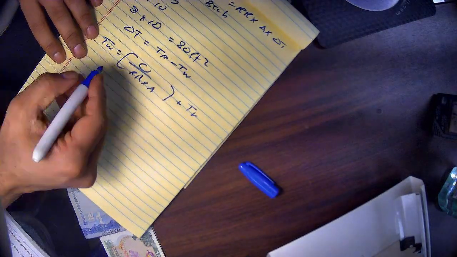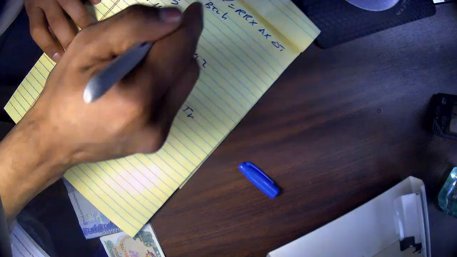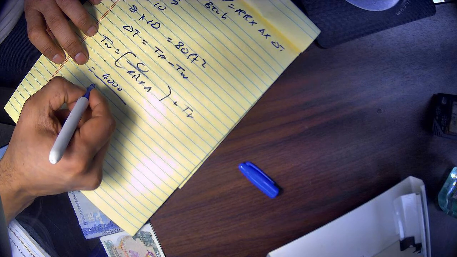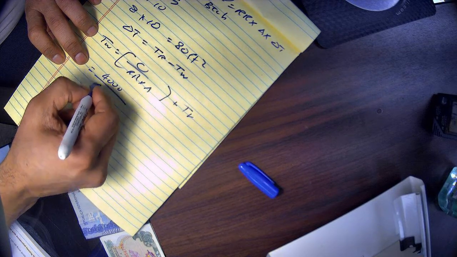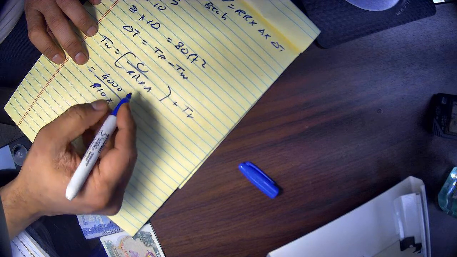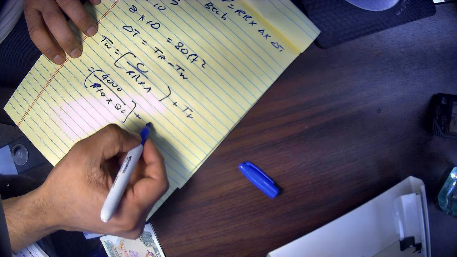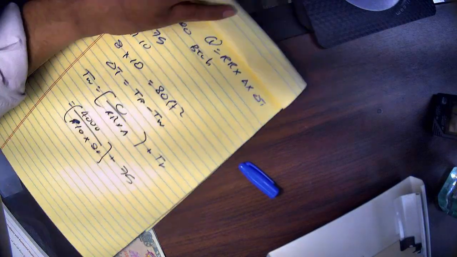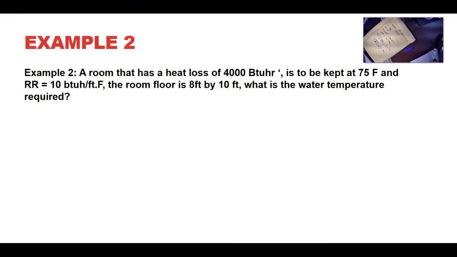So I got that. I'm going to do this here. So we had 4,000, and here's the radiation rate, which is 10. 10 times area is 80, plus, make sure you use the parentheses, temperature of the room is 75, and I think I have the answer over here.